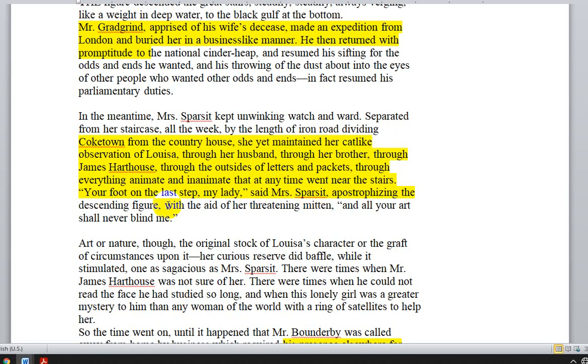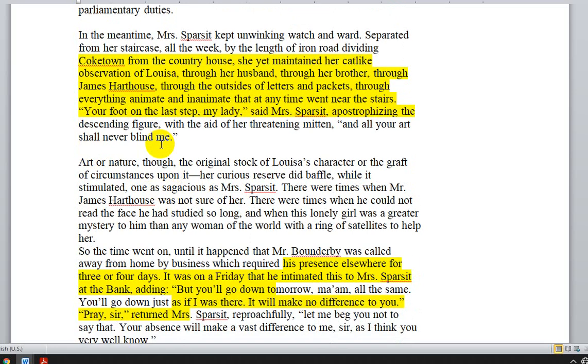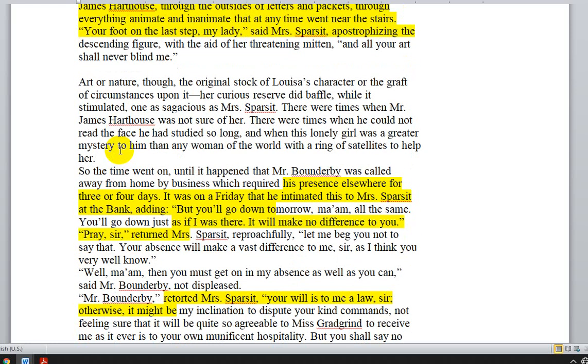This is how Mrs. Sparsit employs everything to serve her purpose. "Your foot on the last step, my lady," said Mrs. Sparsit, apostrophizing the descending figure with the aid of her threatening mitten, "and all your art shall never blind me."